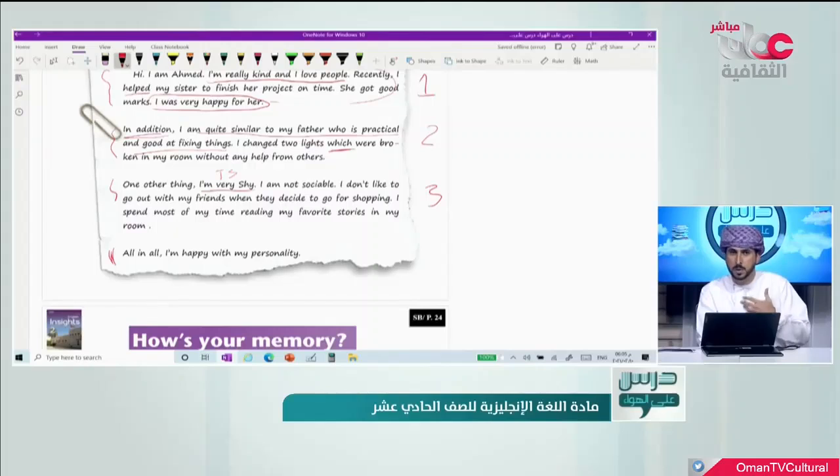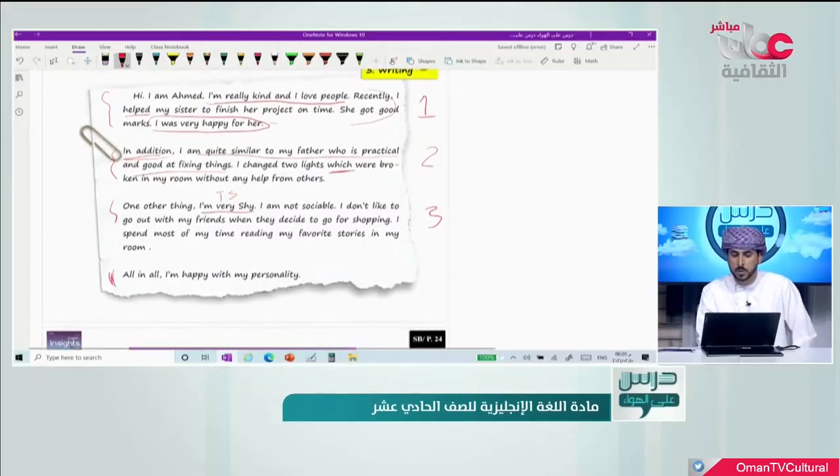I keep repeating all these things in order to help you understand, follow me and memorize all this information, because it is very important if you want to end up with a clear, well-planned and organized essay, especially when you prepare yourself for an examination. I'm not sociable. I don't like to go out with my friends when they decide to go shopping. I spend most of my time reading my favorite stories in my room.